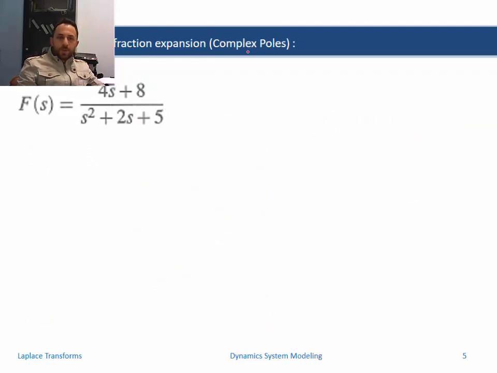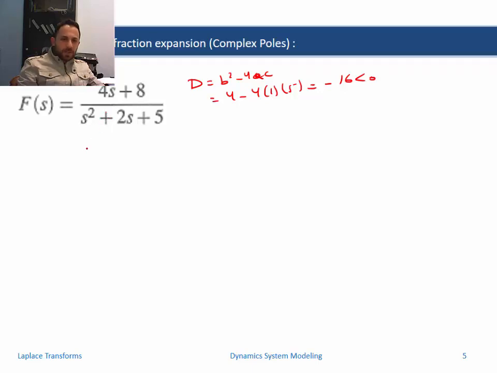What if we have a complex pole? Again, what I mean, if you want to factorize this term, delta is equal to b squared minus 4ac. It is 4 minus 4 times 1 times 5, which is equal to minus 16, and this is negative. So you need to factorize it in a complex format.